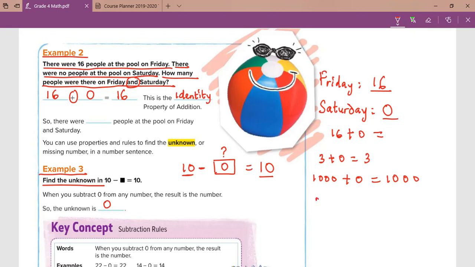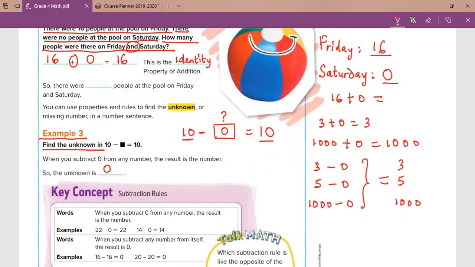That is, if you have 3 minus 0, 5 minus 0, any number, 1000 minus 0, everything is going to give you the number 3, 5, or 1000. And this is what we call subtraction rules.